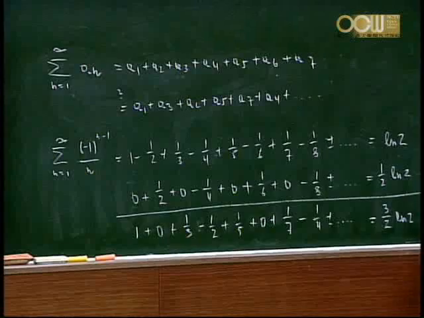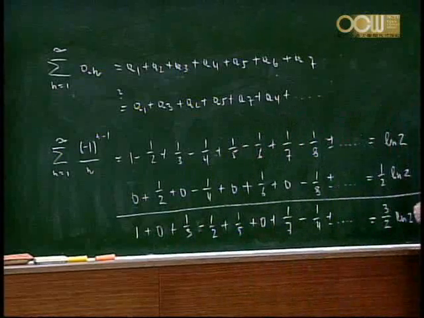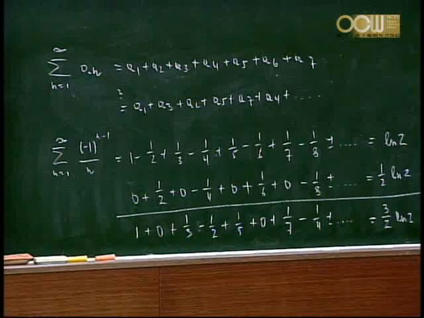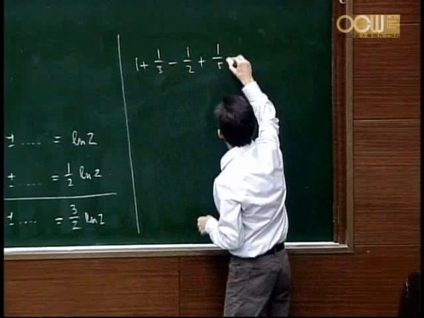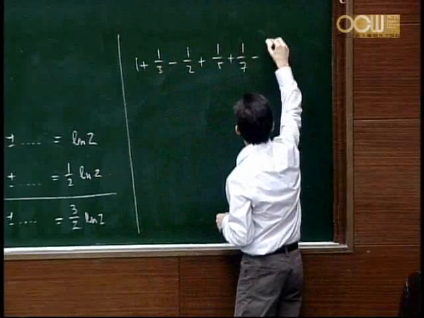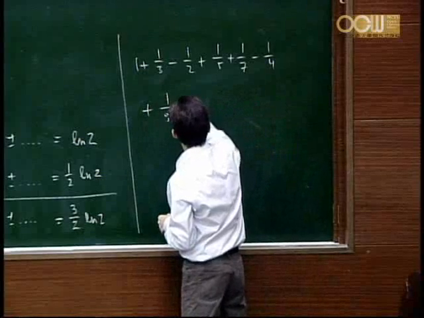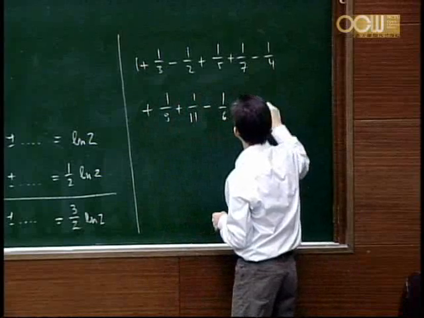You will observe that now you can remove all the zeros. If you remove all the zeros, what do you get? 1 plus 1/3 minus 1/2 plus 1/5 plus 1/7 minus 1/4 plus 1/9 plus 1/11 minus 1/6, plus minus.